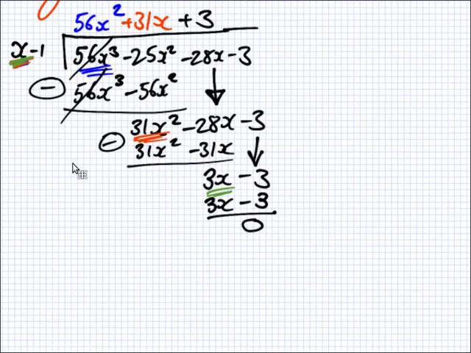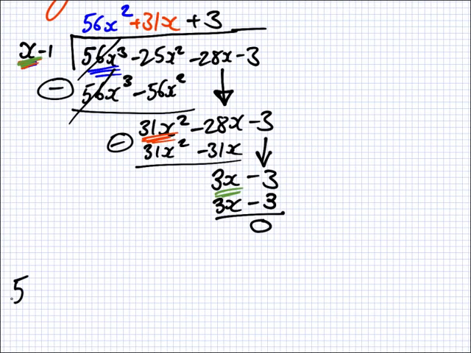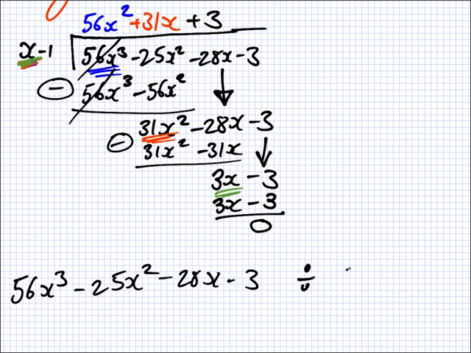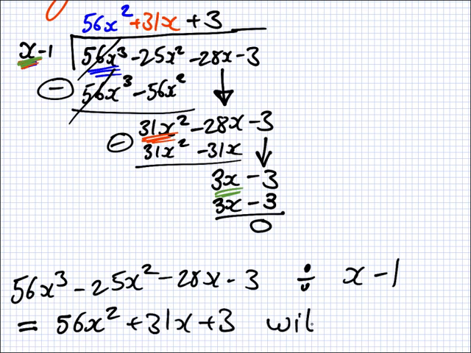So we can say 56x cubed minus 25x squared minus 28x minus 3 divided by x minus 1 equals 56x squared plus 31x plus 3 with remainder equal to, in this case, 0. There's no remainder here. It's okay if you get a remainder.